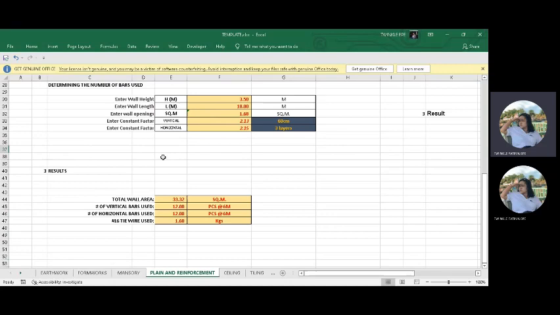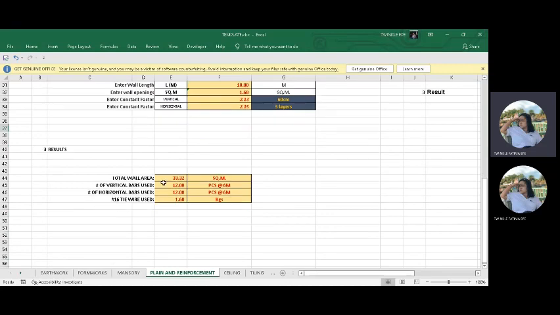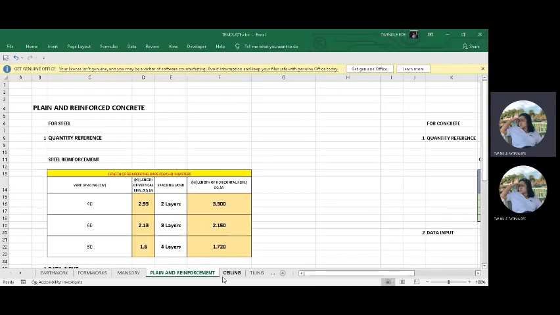And as a result, we got the total wall area is 33.32, and the vertical bars used is 12.00 pieces at 6 meters. The tie wire used is 1.60 kilos.